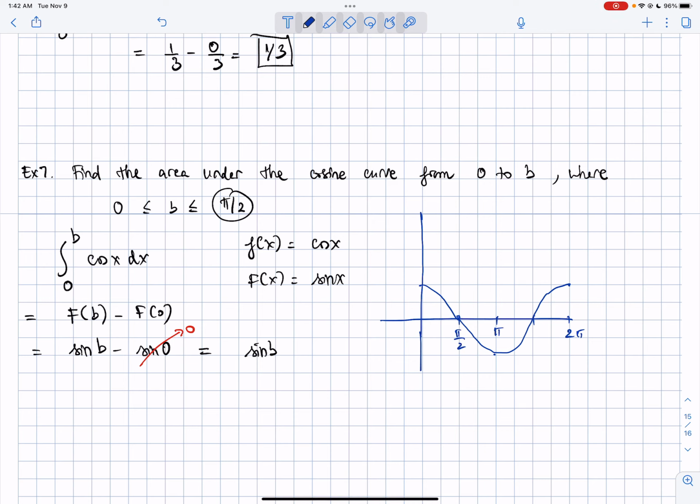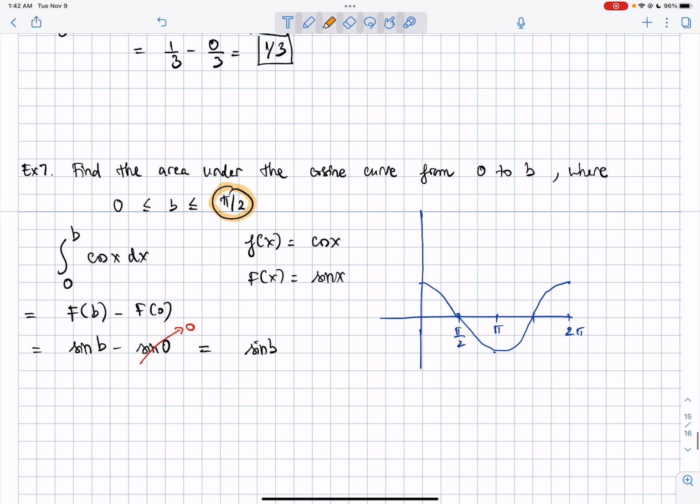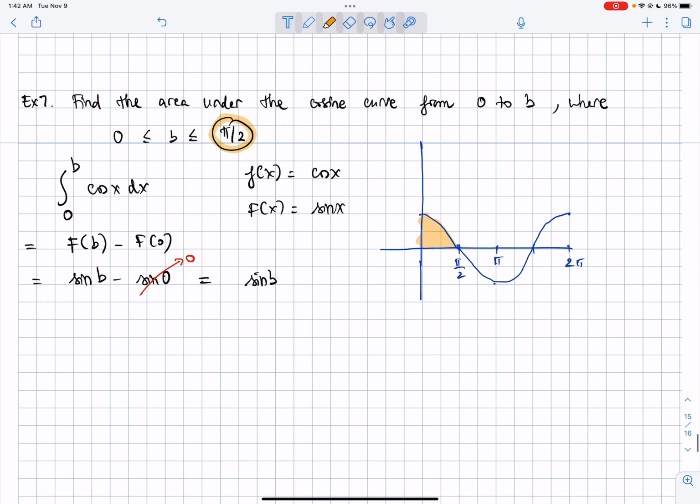So if b is between 0 and pi over 2, and if we stop b at pi over 2, which is the area under this shape right here, then we will have sine of pi over 2, which is given as 1. So that means the area under this curve is 1.